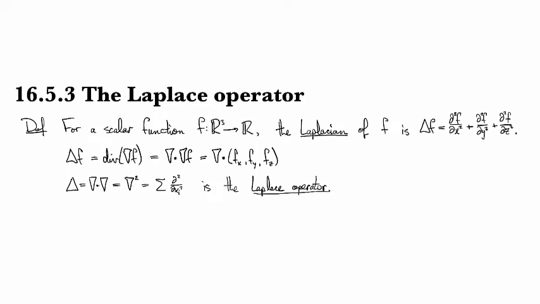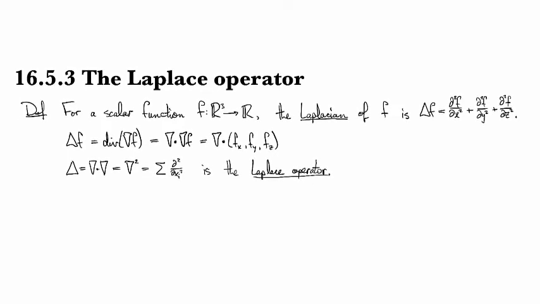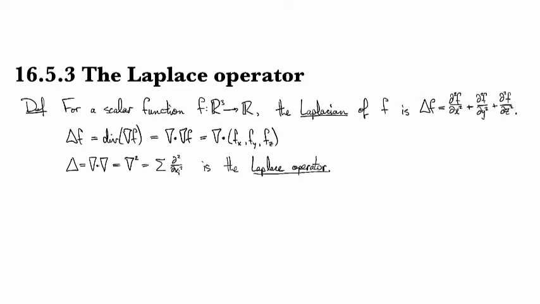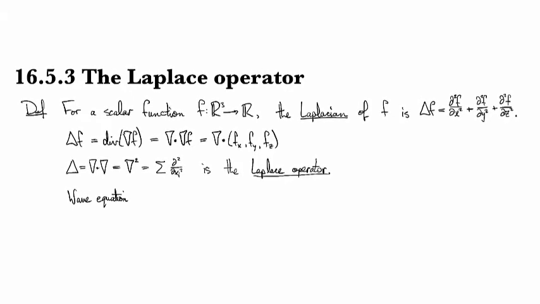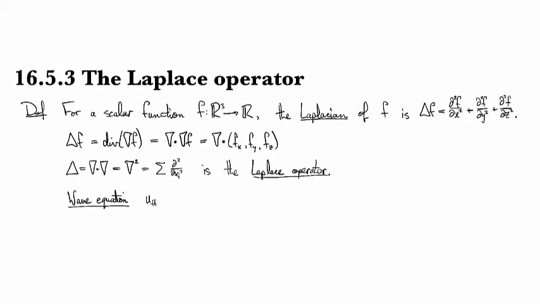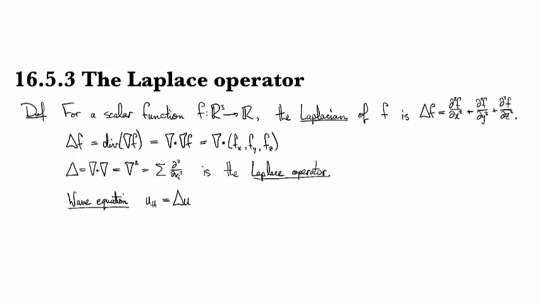And so the Laplace operator is useful for many things. For instance, it shows up when you look at the wave equation in higher dimensions. The wave equation looks like the second time derivative of u is equal to the Laplacian of u.